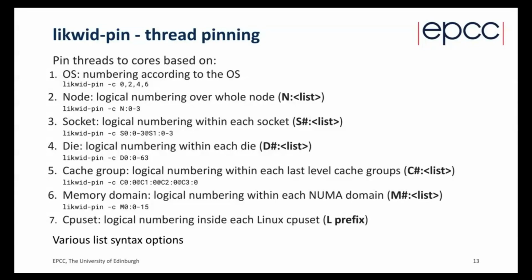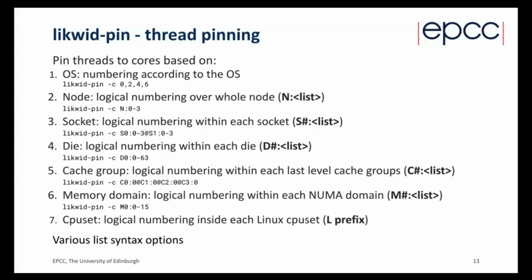The domain can be a node, the entire node. So we can, for example, use Liquid pin with -CN column 03 to specify that 4 threads should be pinned to the first 4 cores in the entire node.